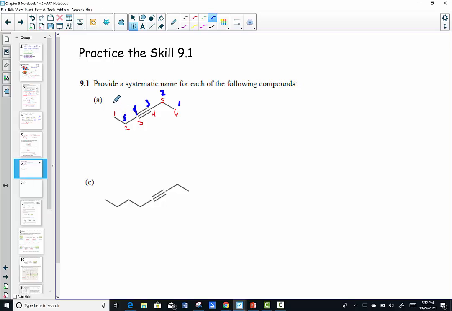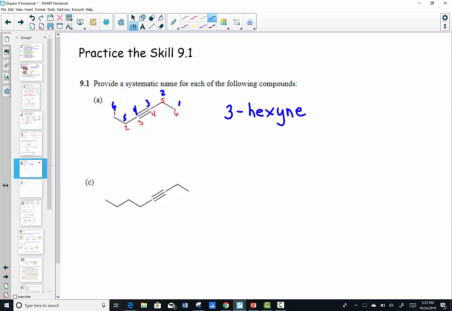Because this is a symmetrical chain, either way, we find that the triple bond is between carbon 3 and 4. So in this way, it did not matter which direction we numbered. Between carbon 3 and 4, there is a 6-carbon chain. Hex is the parent name. The ending is -yne to represent the triple bond.